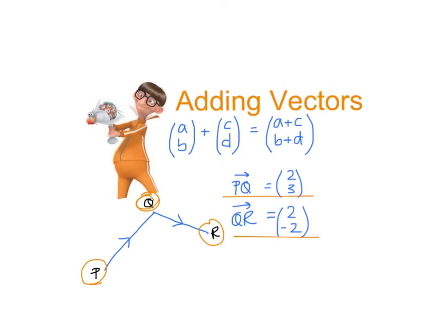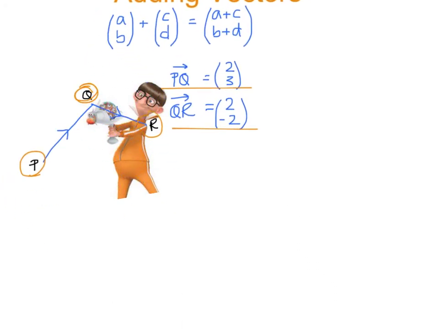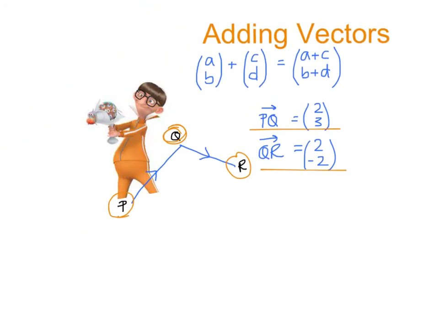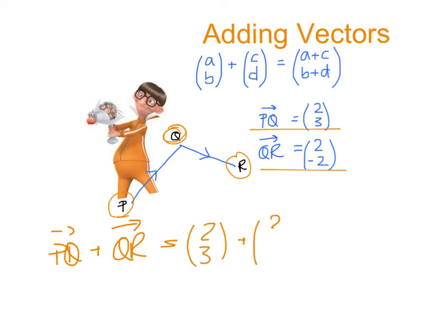We're going to do PQ and then we're going to add QR. So PQ plus QR is (2, 3) plus (2, -2). So 2 plus 2 is 4. 3 plus minus 2 is 3 minus 2, which is 1.